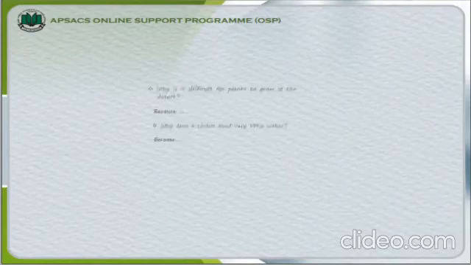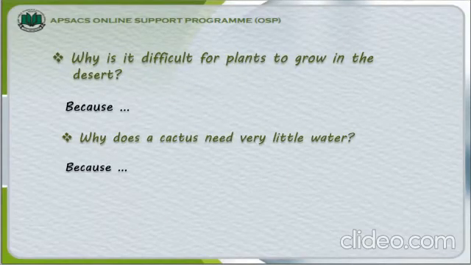Children, let's talk about it. Why is it difficult for plants to grow in the desert? Do you know why? Well, because the desert is very dry. That is why it is very difficult for plants to grow in the desert, because a plant cannot grow without water, and there is a lack of water in the desert.